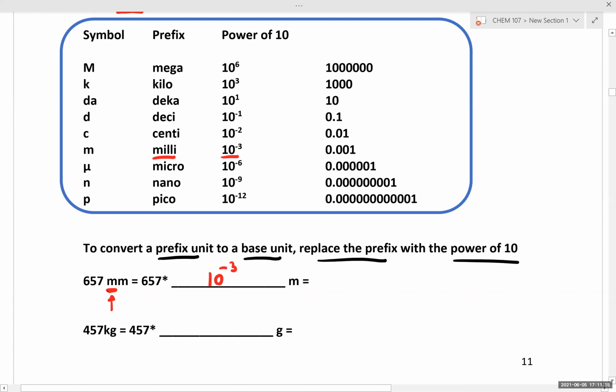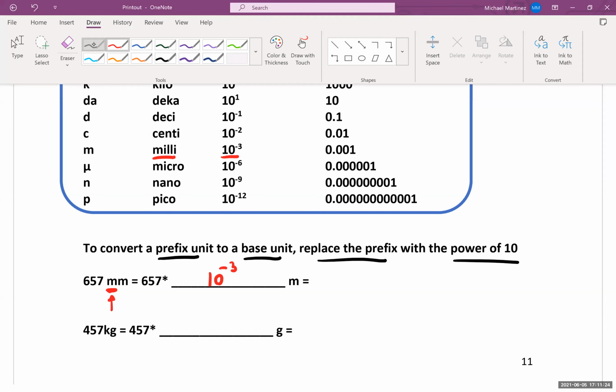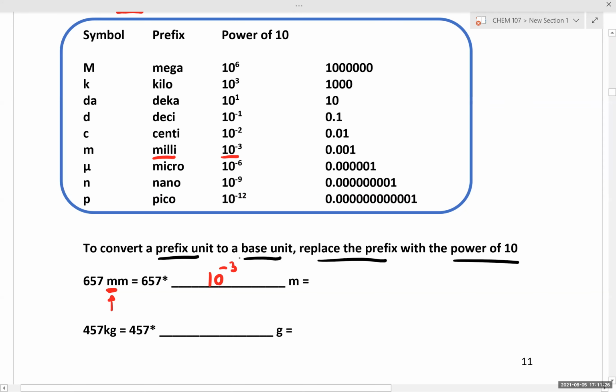And so we see 657 millimeters corresponds to 657 times 10 to the negative third meters. And we know how to do multiplication operations with powers of 10. So 657 times 10 to the negative third, we move our decimal point 1, 2, 3 spaces to the left, and that gives us 0.657 meters. Don't forget your units in your final answer.